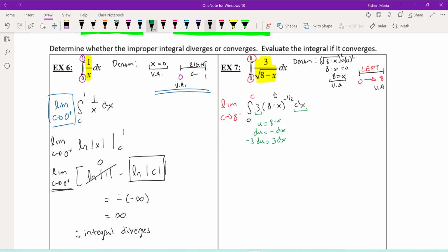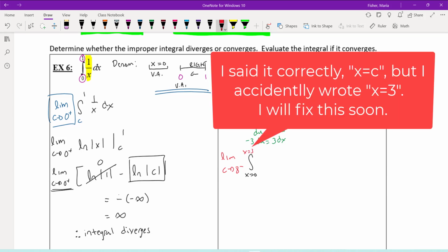Therefore, I can say that this is equal to the limit as c goes to 8 from the left of the integral from x equals 0 to x equals c. And this just becomes u to the negative 1/2. And your 3 dx, remember, is that negative 3 du.